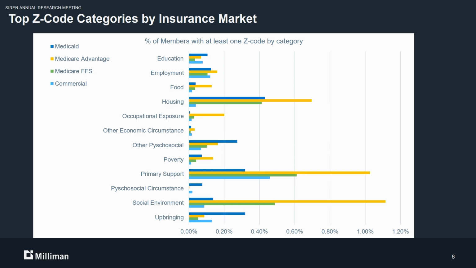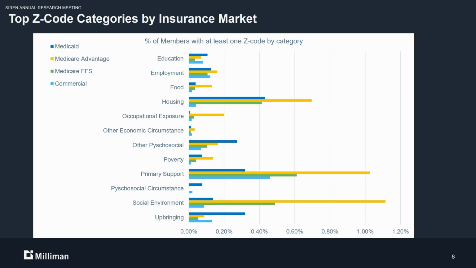The key takeaways here are that in general, we're seeing a much higher prevalence of the relationship-based types of Z codes than we are seeing in some of the types of social determinants of health that we typically talk about in terms of interventions. The exception is housing, which has a pretty high prevalence across all of the public insurance, which I found really interesting.